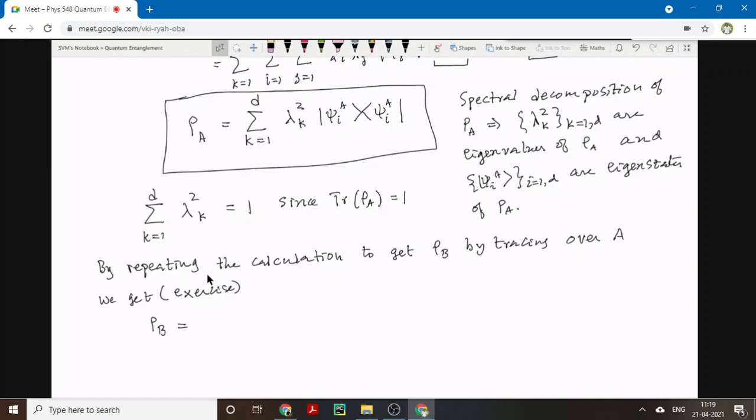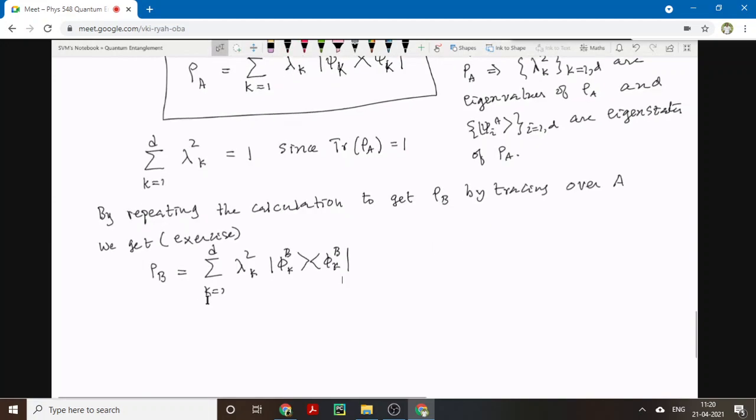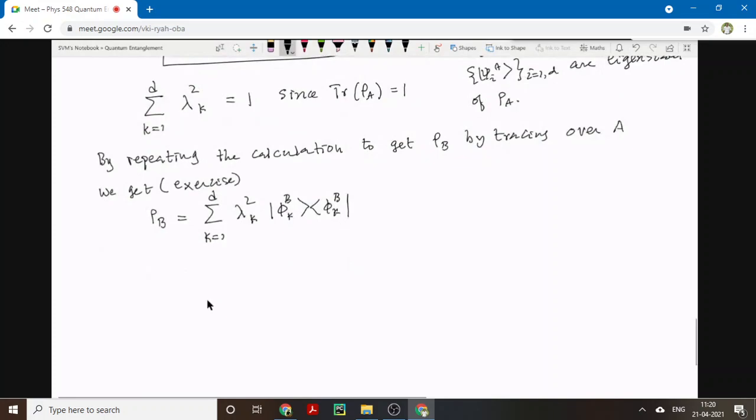We get rho B is equal to sum over K is equal to 1 to D lambda K square into phi K. Sorry, I have to be careful, this I have to call K. Phi K B into phi K. So notice that this lambda K square are also the eigenvalues of rho B.